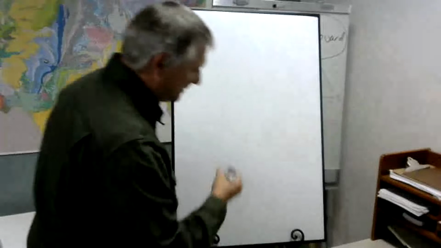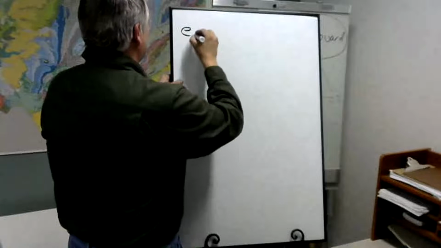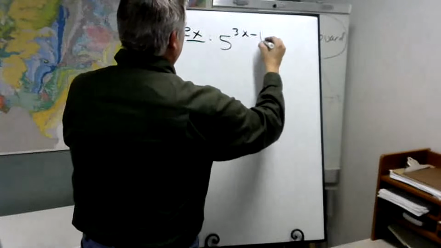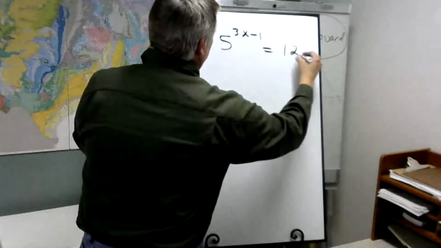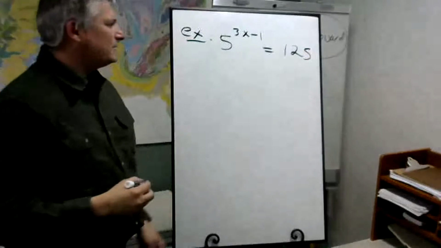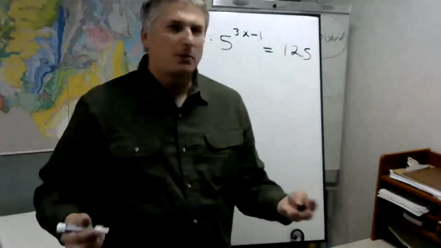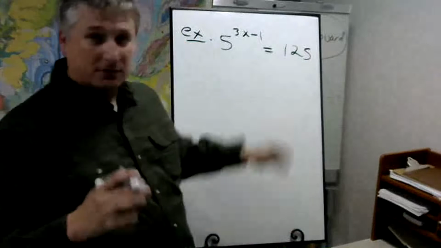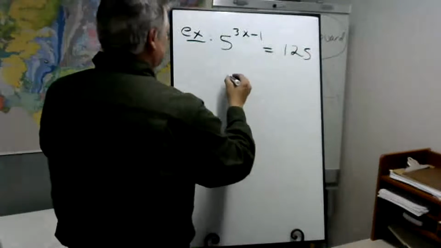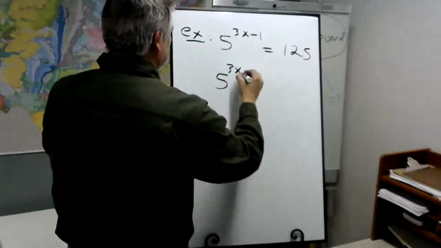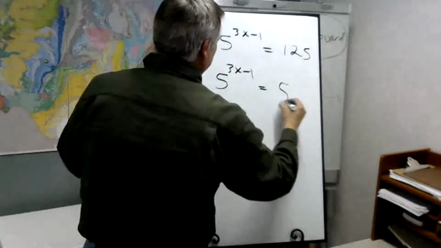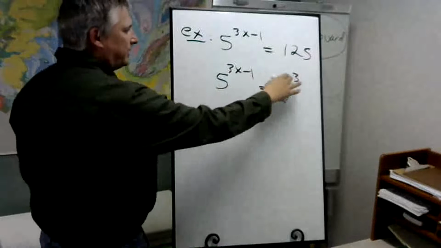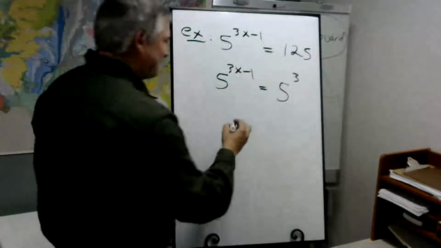Now, let's say we have something like this. Again, can we make this into an exponent expression where you have a base 5 and some exponent? And it turns out you can. So since the bases are the same, we can equate what's in the exponent spot.